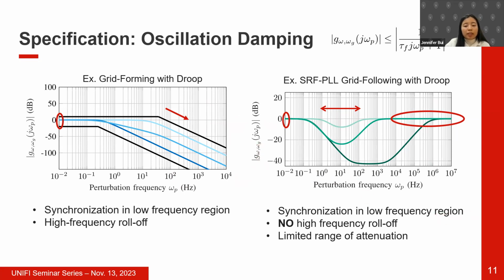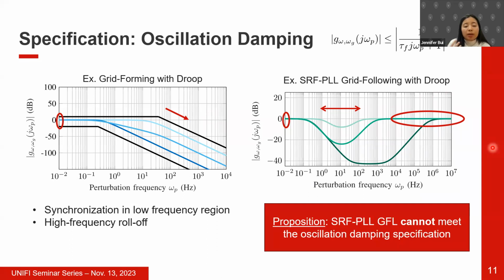The overall shape of the curve does not change with different tuning of this specific implementation of grid following. And so it is from this result that we propose that the synchronous reference frame phase lock loop grid following control case cannot meet this oscillation damping specification.